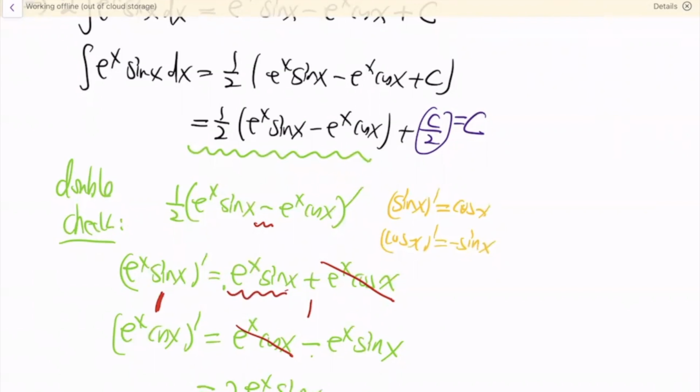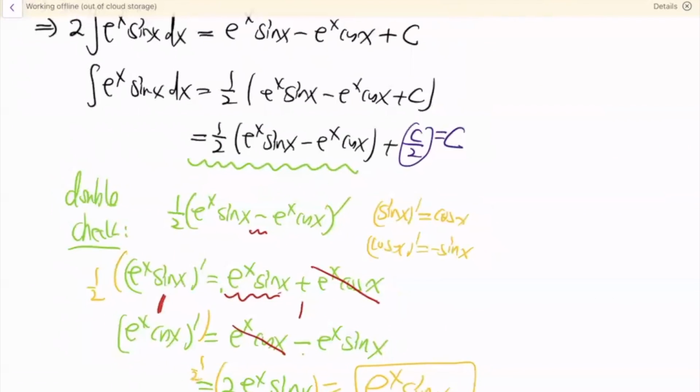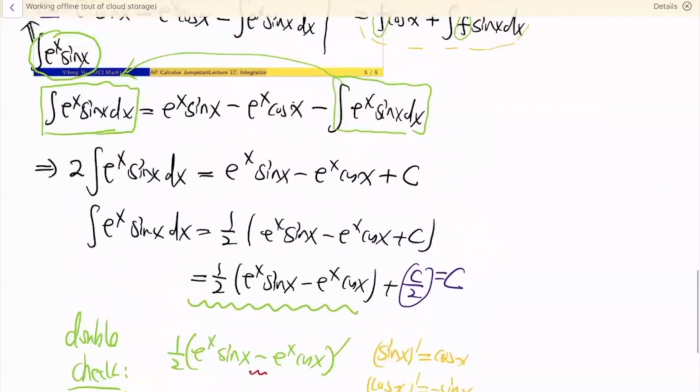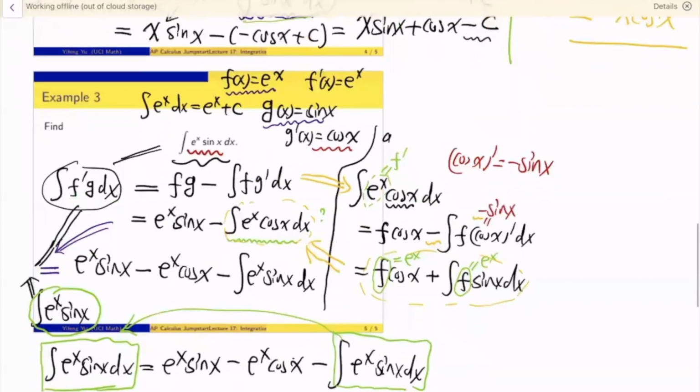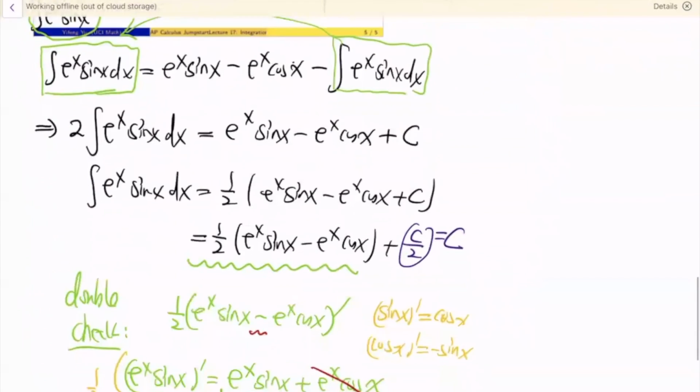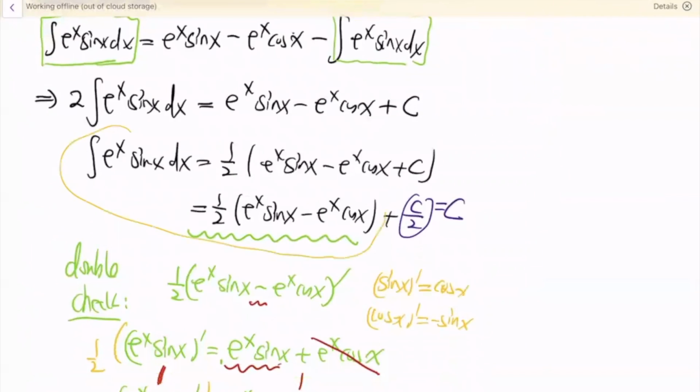If you take 1/2 of the whole thing, we get exactly e^x times sine x. So everything is correct. So the final answer here is what we get, with a constant put in. That's what we are looking for.